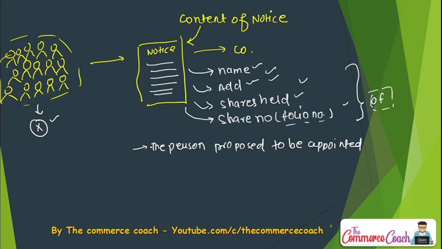First of all, they will mention these details of the person who is going to be the director. Now the second person: the person proposing such appointment, or we can say the small shareholders, the shareholder proposing his appointment as small shareholder director.